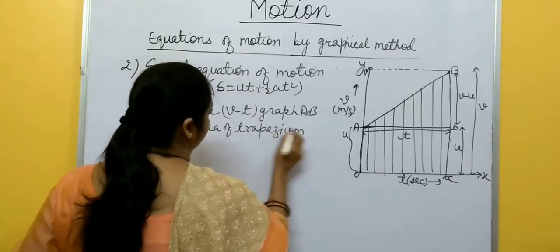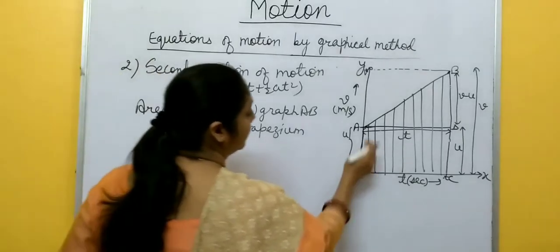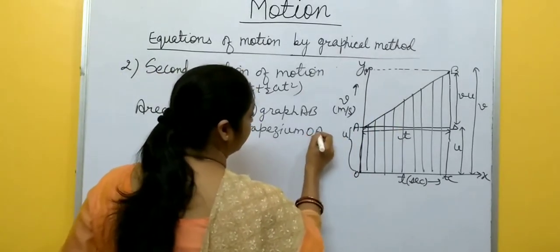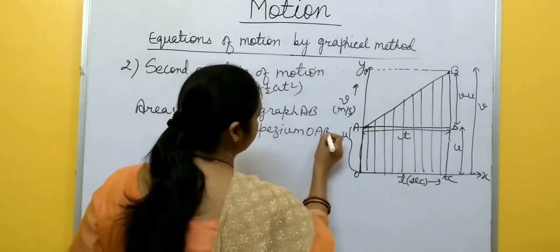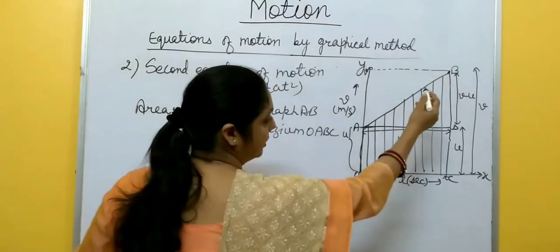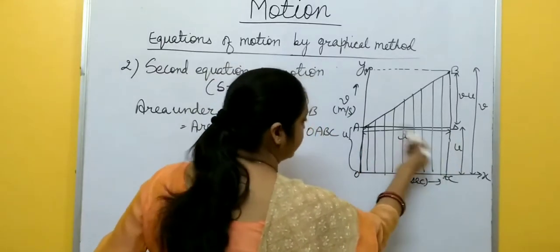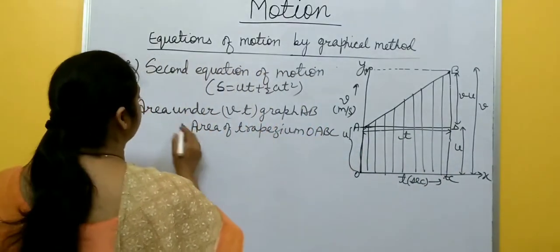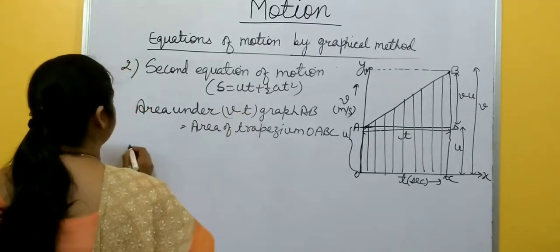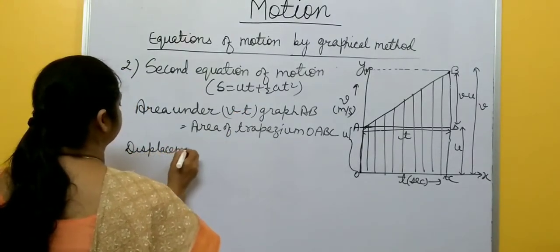Trapezium, you know the trapezium, you studied in mathematics, right? OABC. This is a trapezium, which has two parallel sides, and the distance between them is the perpendicular distance, right? So this area gives what? Displacement, right?